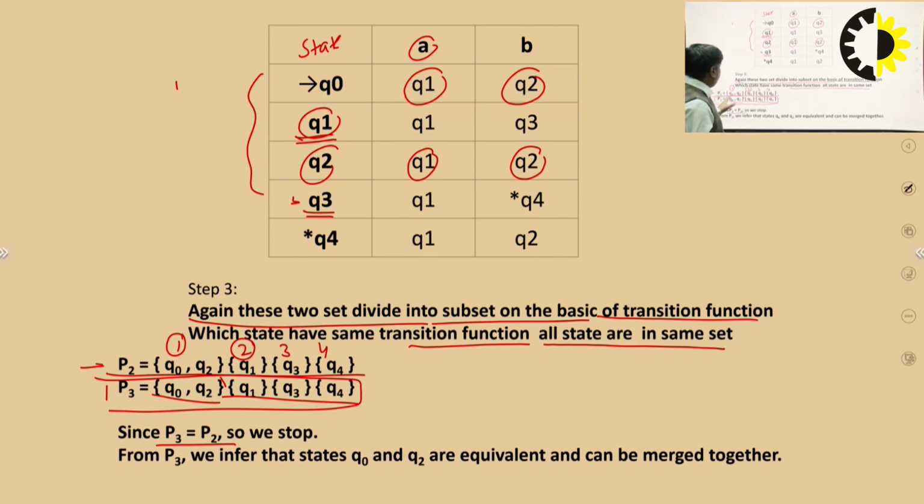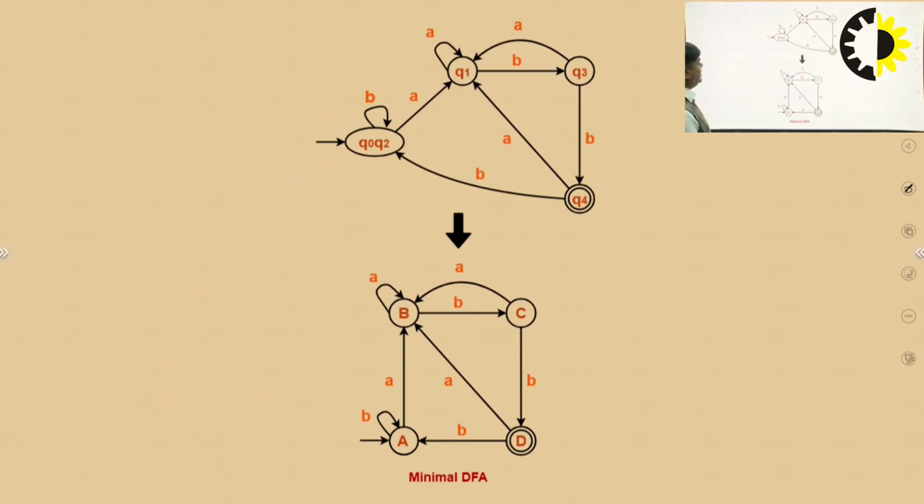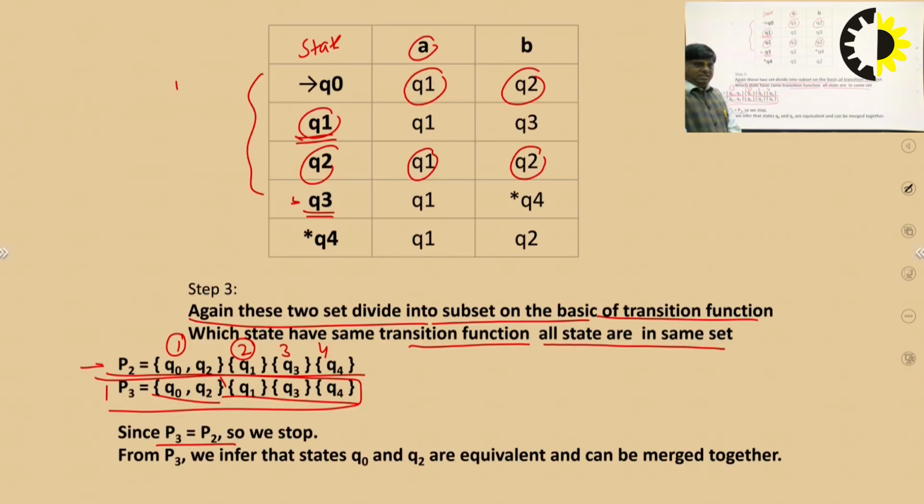It means a total of 5 states are minimized into 4 states. This concept is known as the minimization of finite automata. I think it is a good example for the minimization of finite automata.